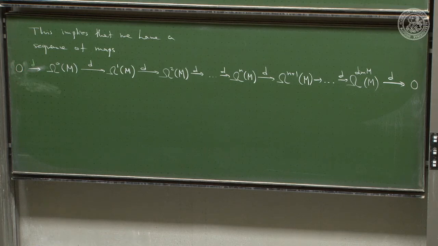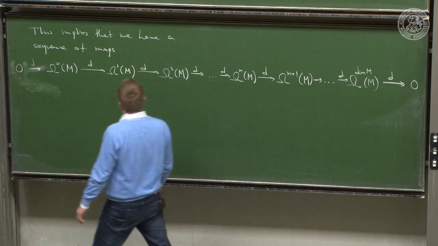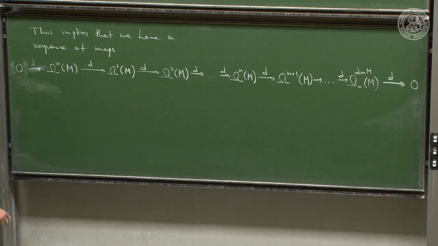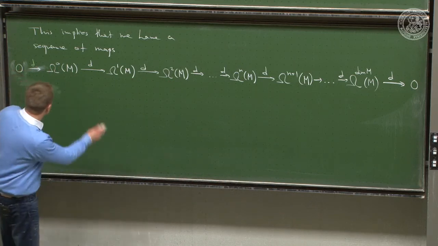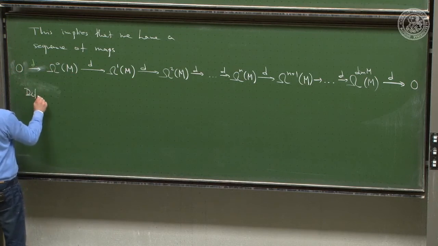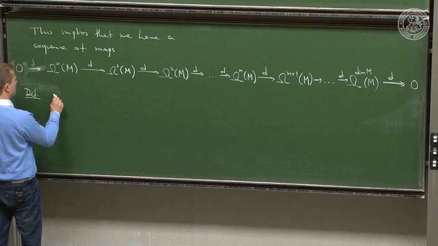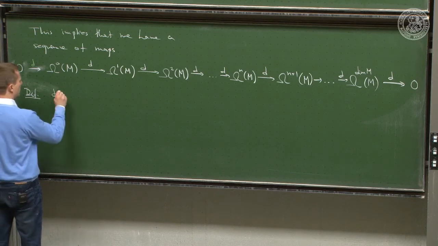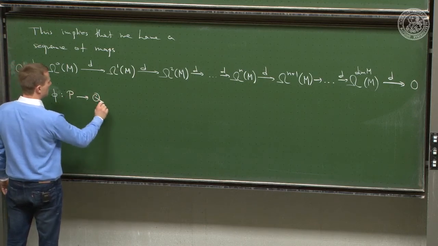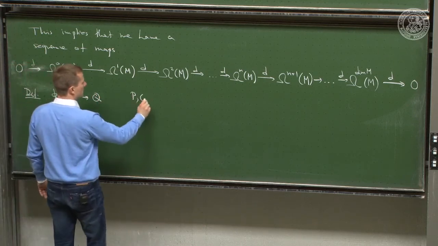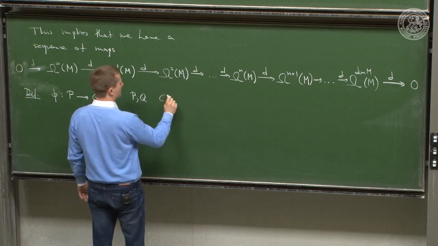That's nothing new. But what does the d squared equals 0 tell us? Well, it tells us the following. Let's first make two definitions, or recall the following definitions from linear algebra. So if we have a map phi that takes us from one module P to another module Q. So P, Q, let's say they are C infinity m modules.